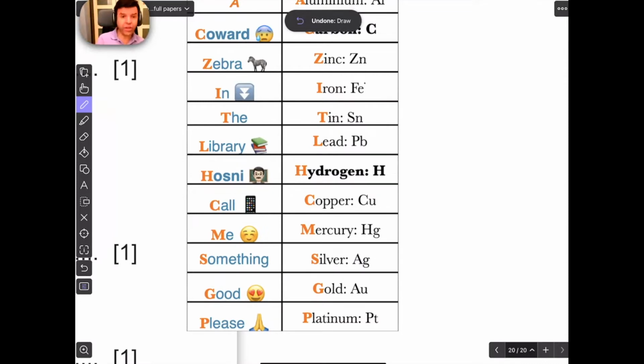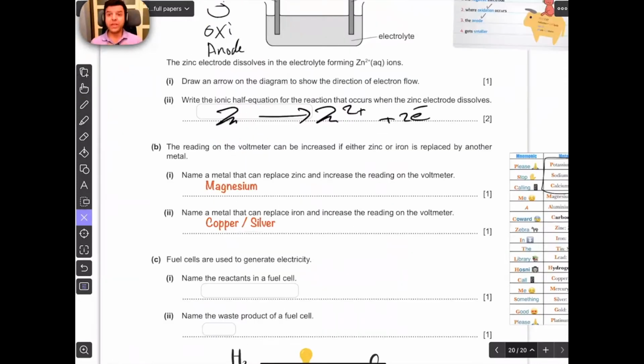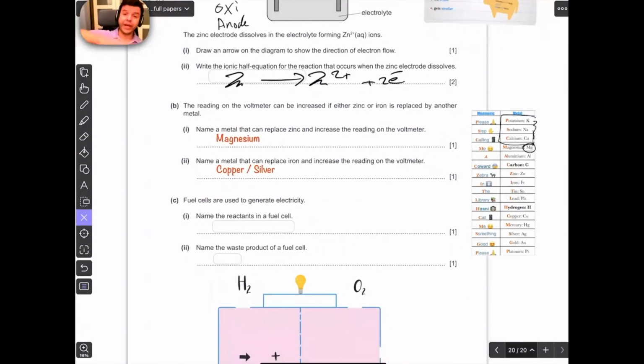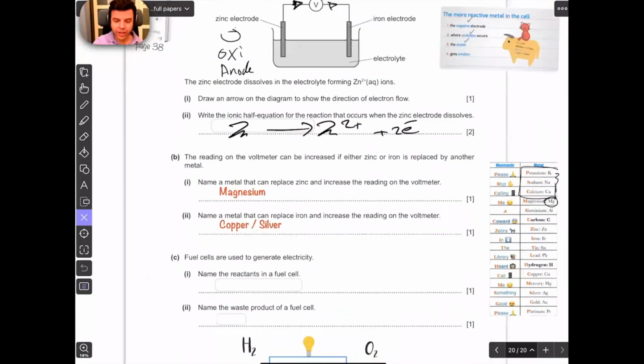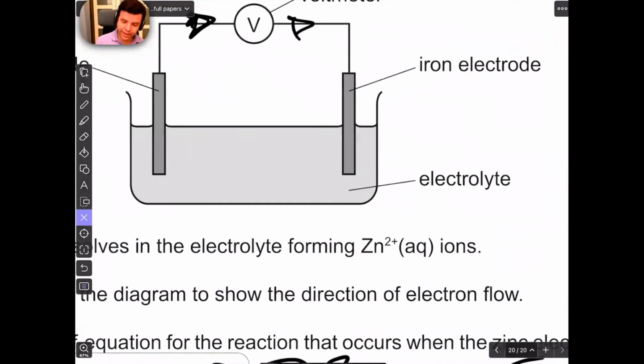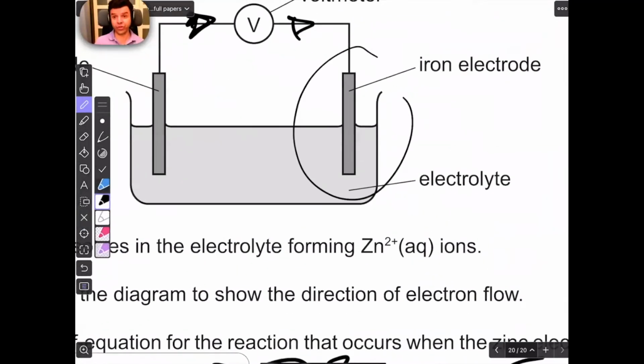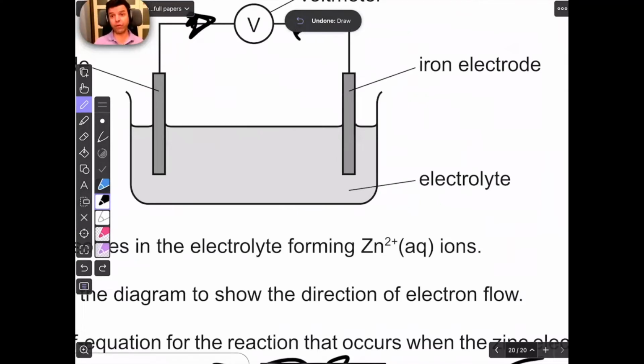So anything lower than iron is acceptable, okay? Again, below iron and above zinc. Either way, that would increase the voltage. You don't need the metal to be reactive for this side. You just need it to conduct electricity and produce that voltage.